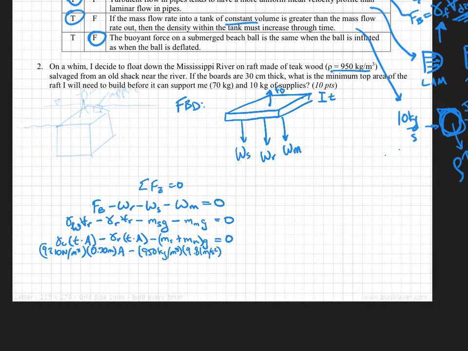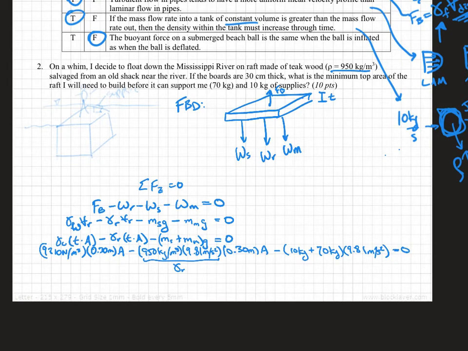So that's gamma R, times the thickness, 0.30 meters, times the area, minus the mass of the supplies, which is 10 kilograms, plus the mass of me, which I think I said was 70 kilograms. I think that's about right. Times the gravity, 9.81 meters per second squared, equals 0.